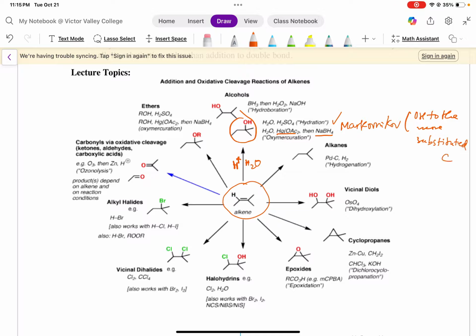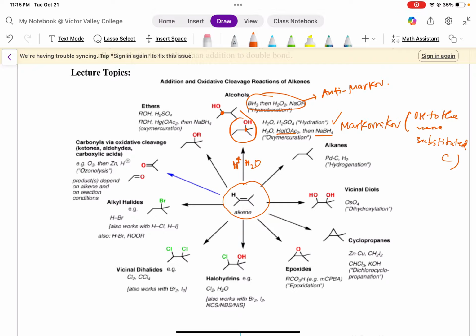Okay, that's Markovnikov. If you do anti-Markovnikov with this set of reagents, the hydroboration, you get OH onto the less substituted carbon, so there's a difference there.